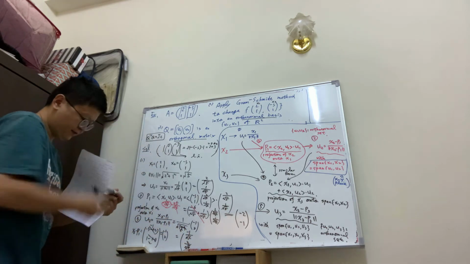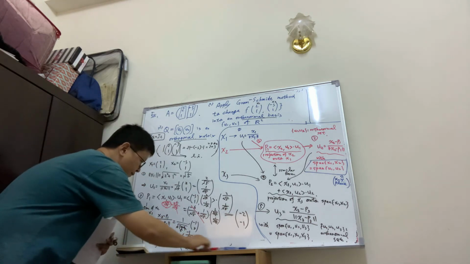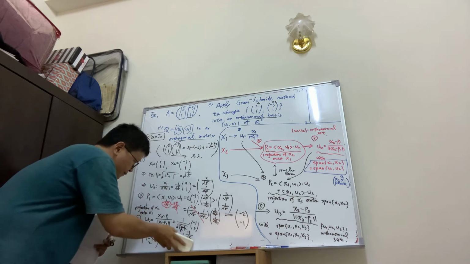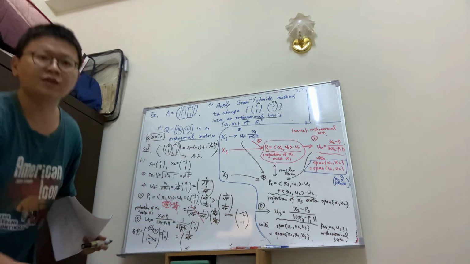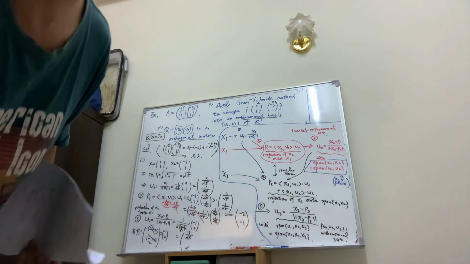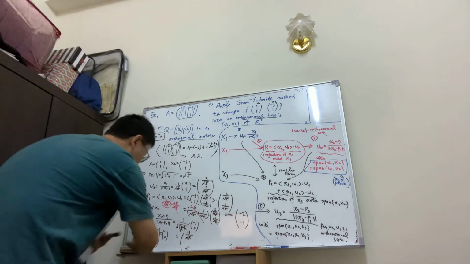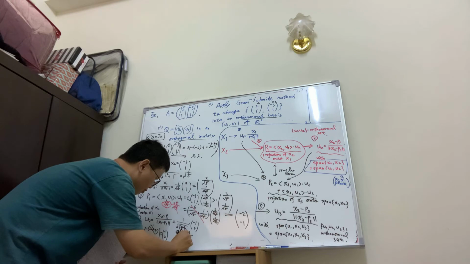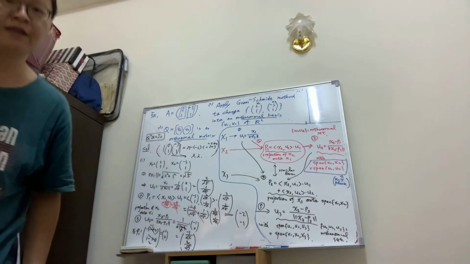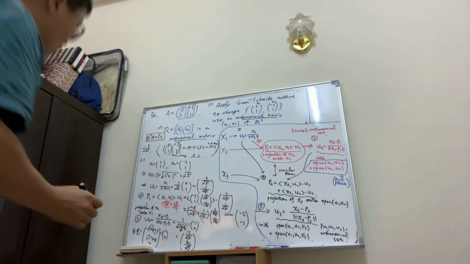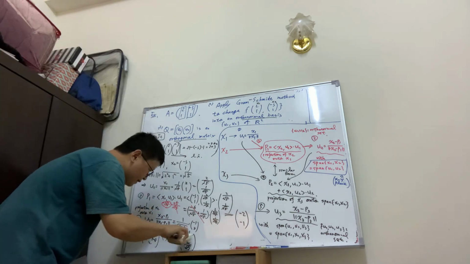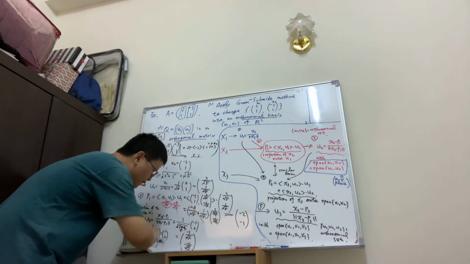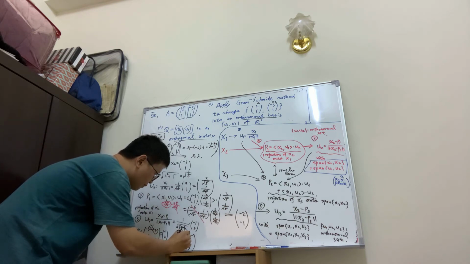Do you see that? Okay. 2 over square root of 5, here the numerator is 2.